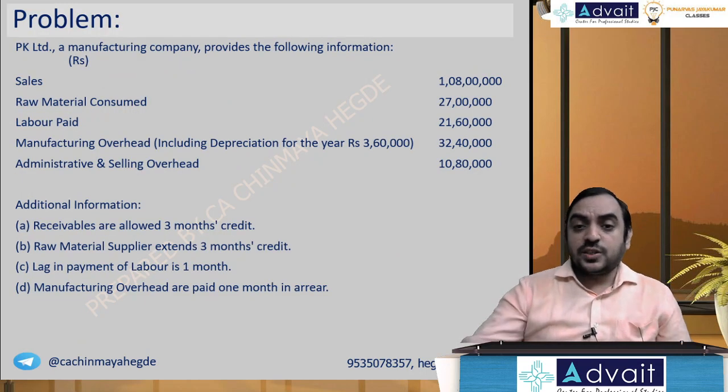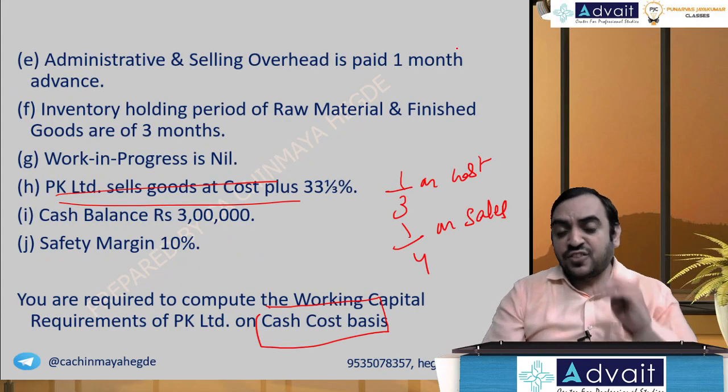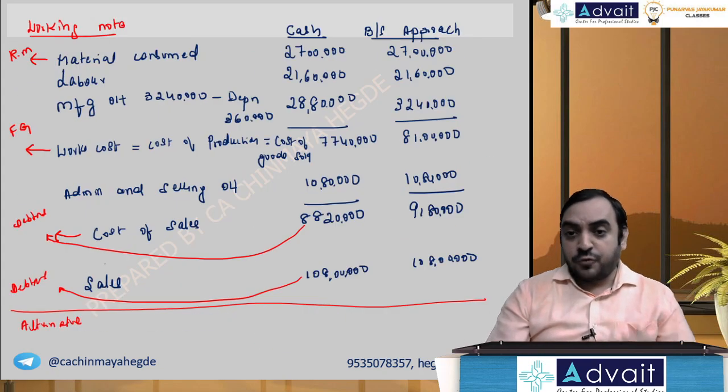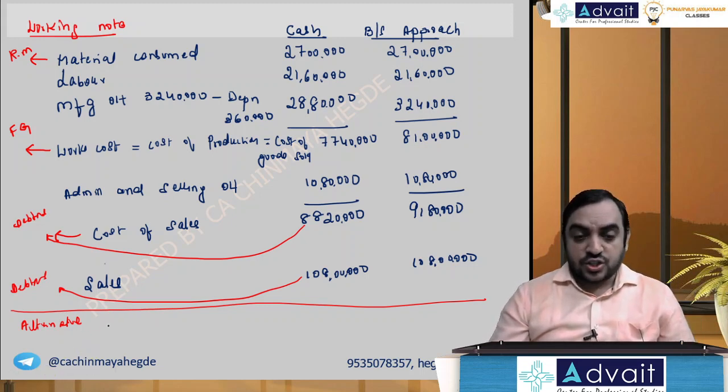So we have sales, 108 lakh, and we have gross profit, 1/4 on sales. That also gives you cost of goods sold. So cost of goods sold or cost of production, you can call anything because finished goods opening and closing both are equal. Cost of goods sold is equal to cost of production.